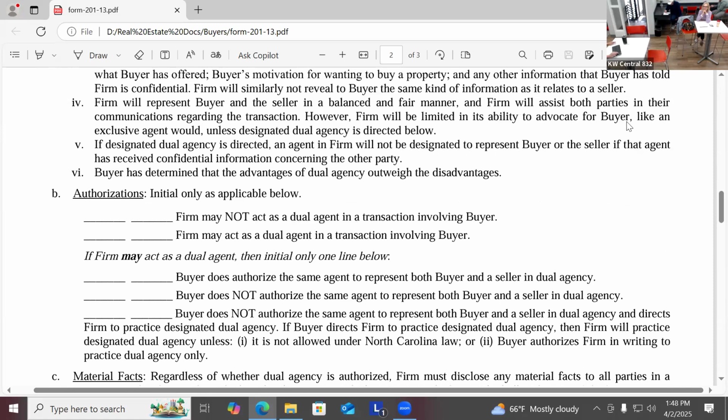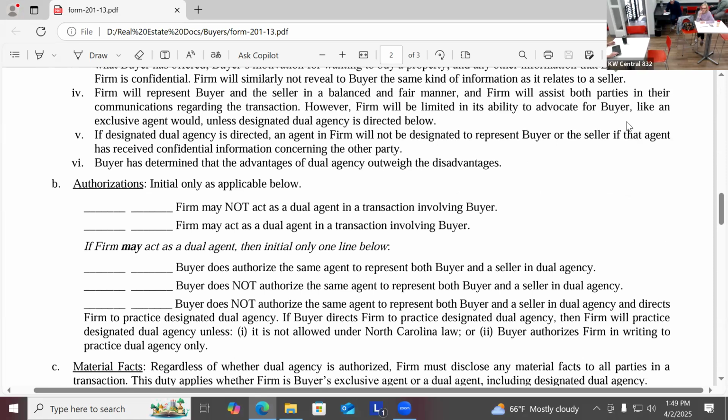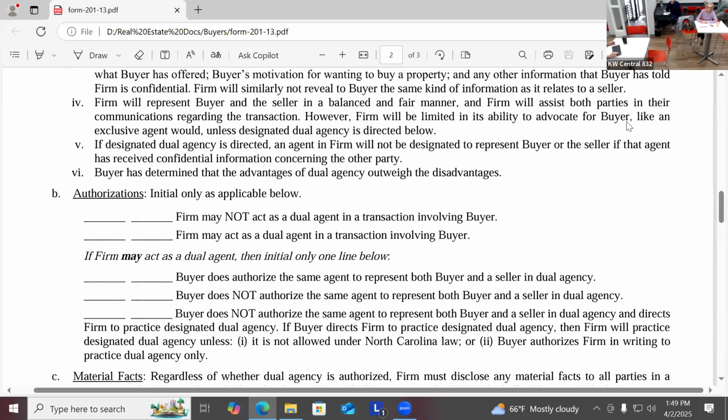Dual agency. Okay, I'm going to explain this, and after I do, it's going to make sense. This is number 6, 6B.